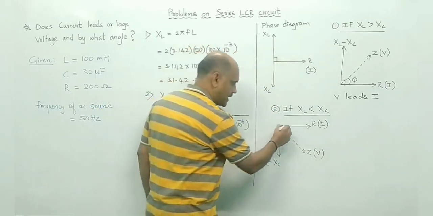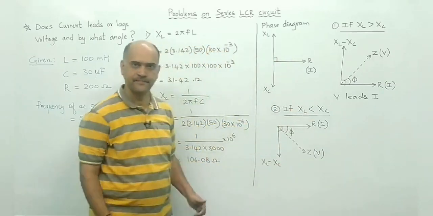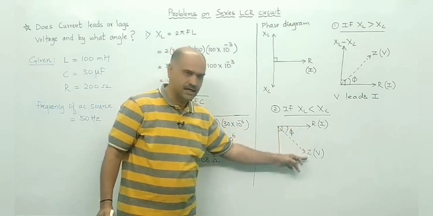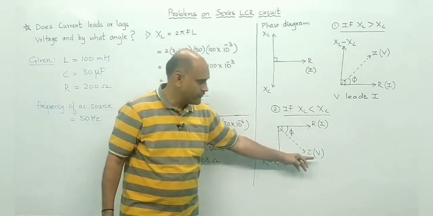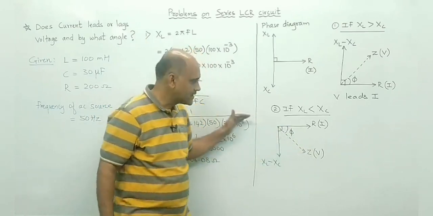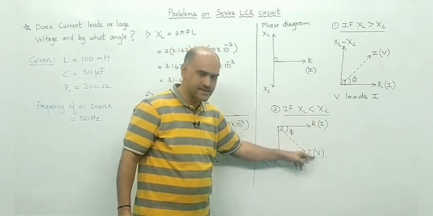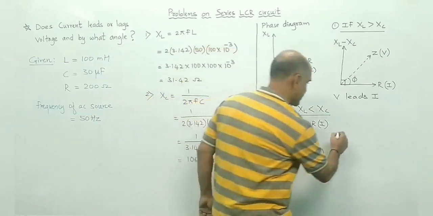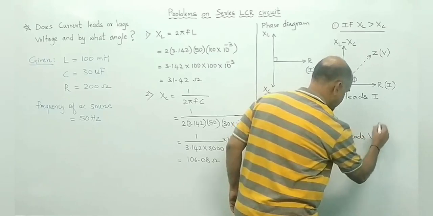Now the angle between current and voltage is the phase. Here if you observe, V is in the fourth quadrant, I is along the x-axis, so here current leads voltage.